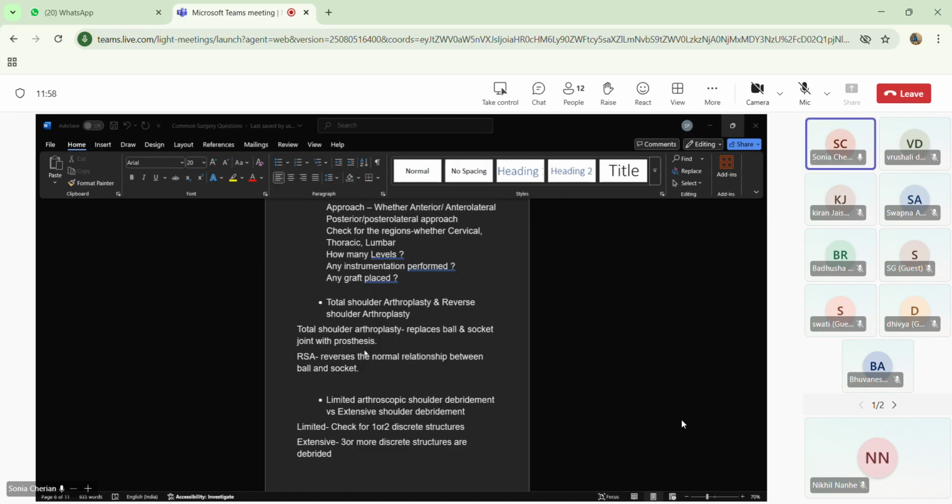The rotator cuff. Okay, only one or two, or they are debriding the rotator cuff as well as the glenohumeral joint, then you can code it as limited. But if it is three or more, then your CPT should be extensive.